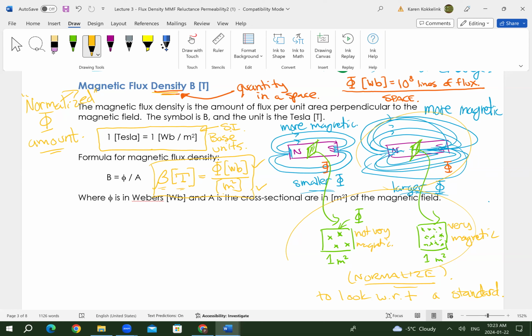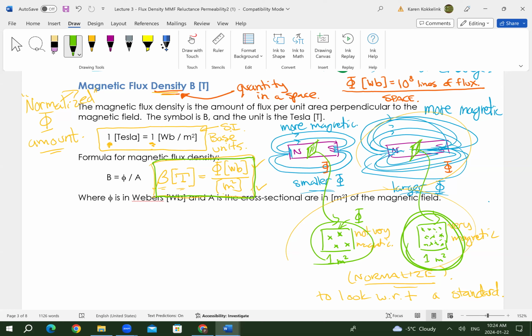So magnetic flux density is the number of Webers per meter squared. If it is 1 Tesla, then it's 1 Weber per meter squared. But in general, this is our formula for magnetic flux density, which tells us how dense those lines of flux are. Very, very dense or not very dense per meter squared.